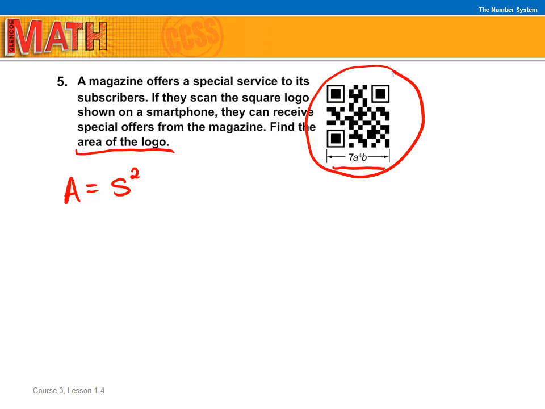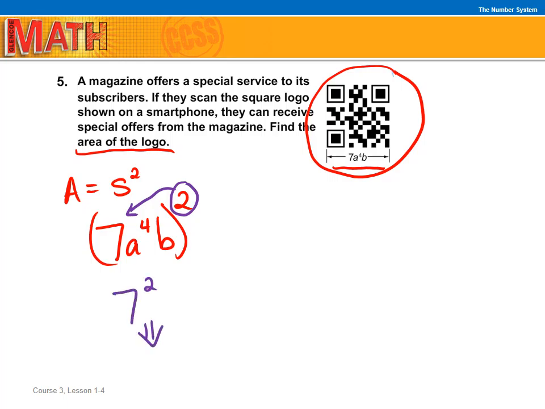So let's take that area, or side, I'm sorry. Our side is going to equal 7 times a to the fourth power times b. That replaces our s to the second power. Just like we've been doing earlier today, take that 7, square it, which is 49.